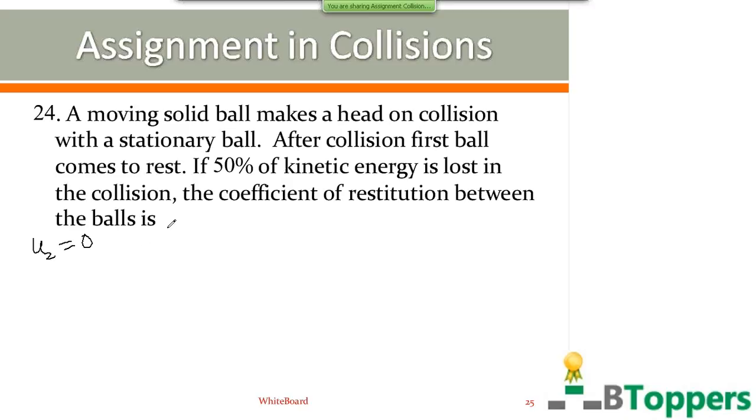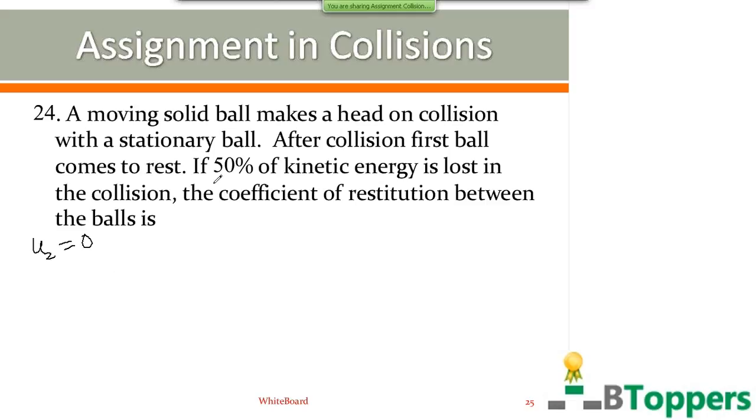Therefore, we are not going to use the direct formula for kinetic energy lost in a one-dimensional collision, half M1 M2 by M1 plus M2 into (U1 minus U2) whole square and (1 minus E square), because you are not given the ratio of the masses or the individual masses, or the initial velocity of the ball.